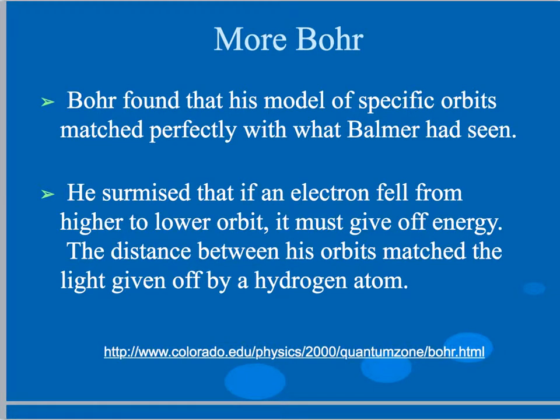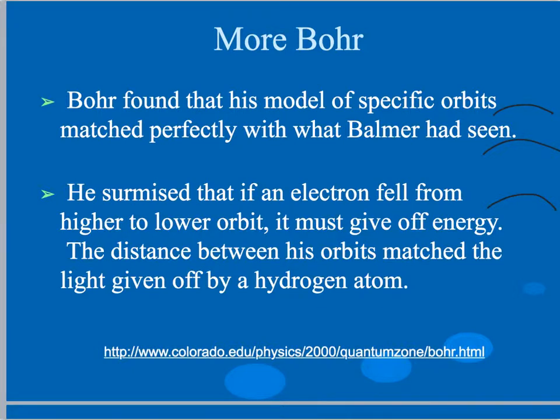Bohr found that his model of orbits matched with what Balmer had seen. And so what Bohr surmised was that if an electron fell from a higher orbit to a lower orbit, I'm just drawing some orbits here, that it must give off energy.